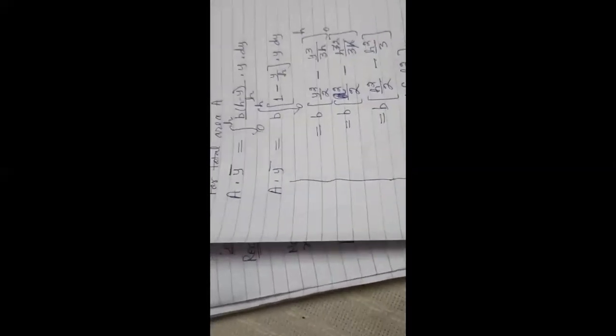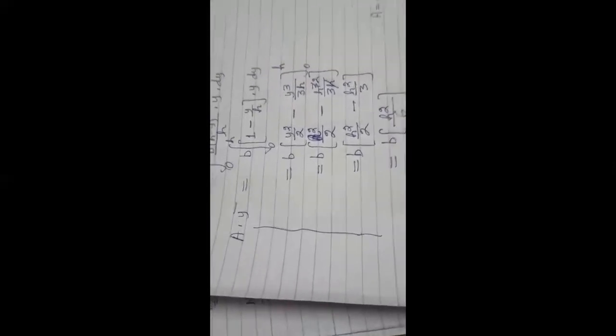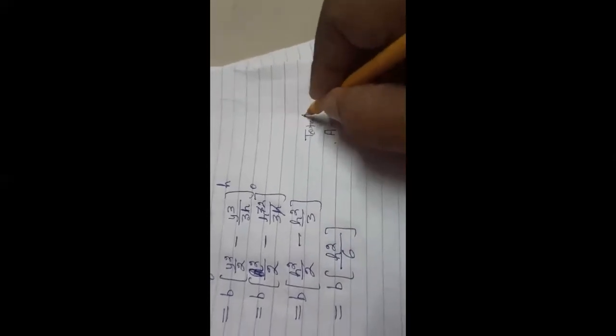in place of A, area of this triangle A is equal to 1 by 2 into b into h. This is the total area. So on putting this on left hand side, A is equal to 1 by 2 into b into h into y bar.